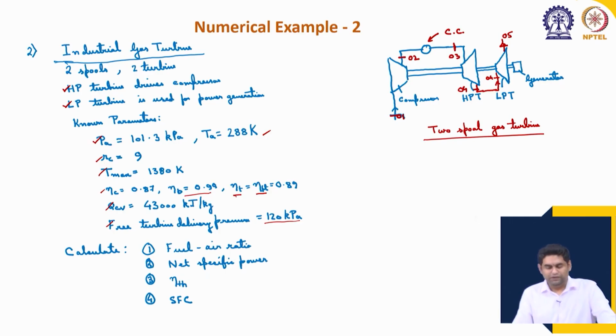But the problem itself is significantly different from the previous problem, although the approach intrinsically is the same, that we have to find the temperature at each state and the pressure at each state, and from that the calculation for other parts follow.